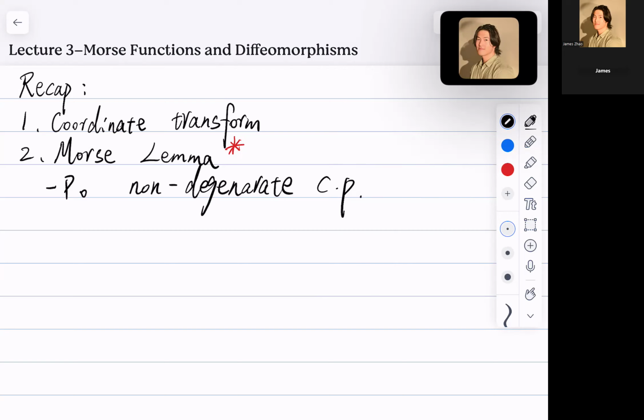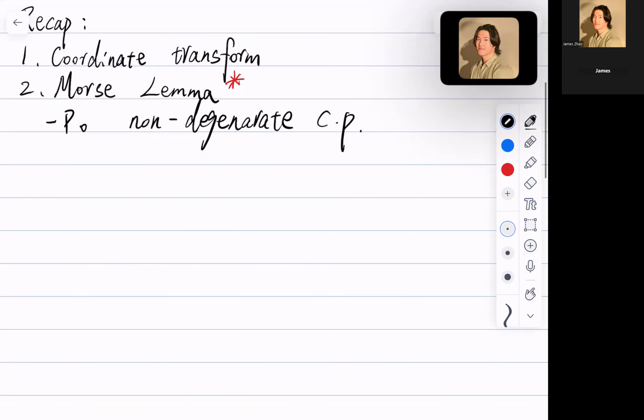Okay, great. So we have P naught as a non-degenerate critical point, and a function f. Then we can choose appropriate local coordinates, big X and big Y, actually small x and small y.